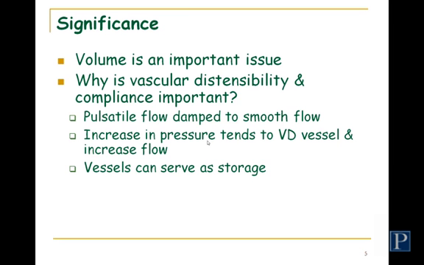And that is inherent to smooth muscle, and it is related to distensibility and compliance. Another thing is vessels can serve as storage. So if you're very compliant, you may be able to store a lot more blood than if you were not so compliant.